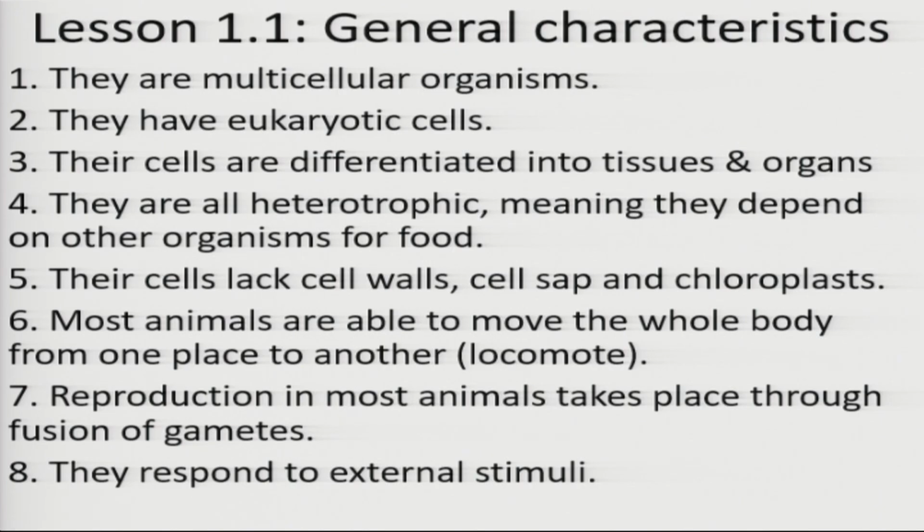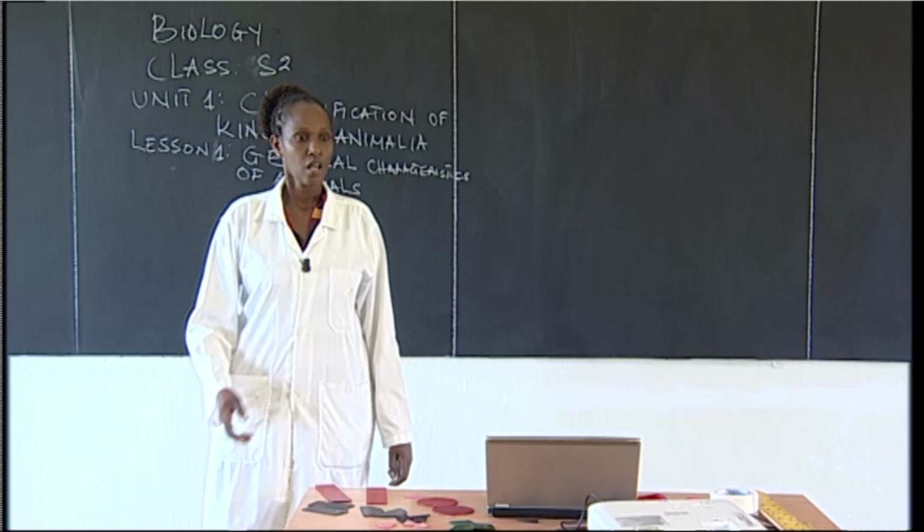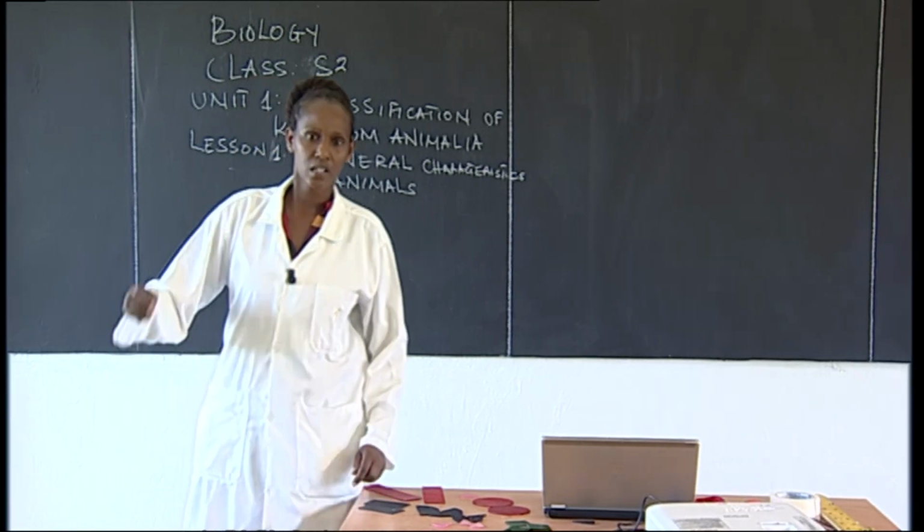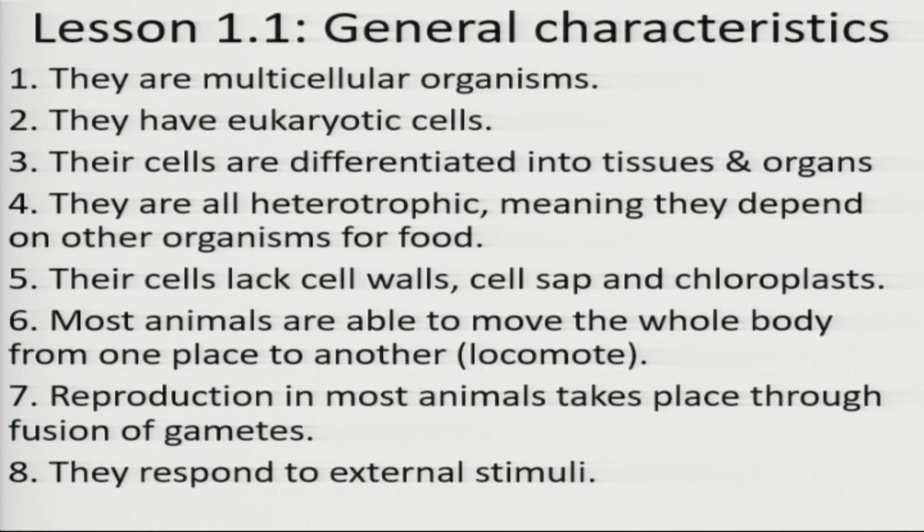So most animals are able to move. There is locomotion. Take an example of any animal, like a human being, a cow. Any animal is able to move from one place to another, so they can locomote. Then reproduction.